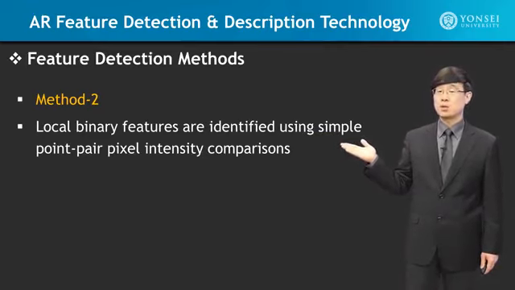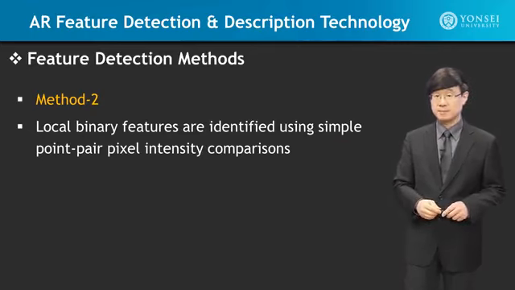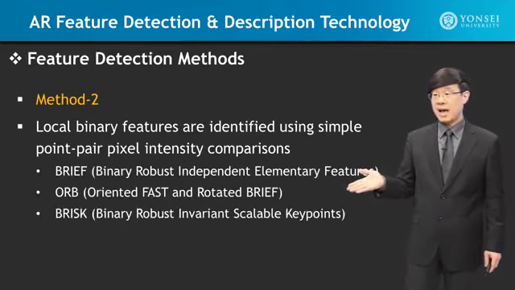So therefore, you can do them quicker and the energy consumption of the device is reduced significantly. That is the purpose of these techniques. And the algorithms that enable you to use this in feature detection are BRIEF, ORB, and BRISK, which of course we will study in further detail.